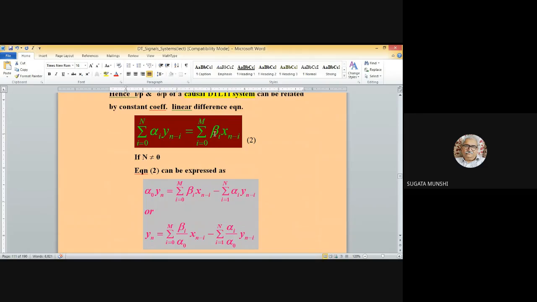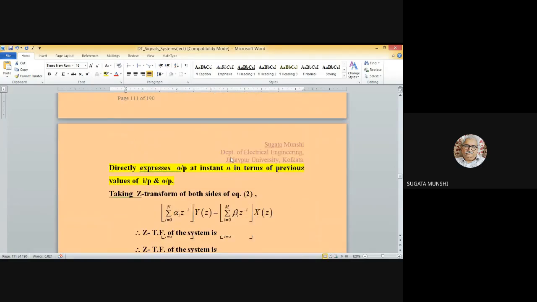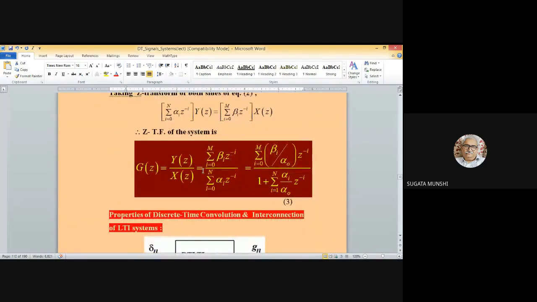Here you will have beta I times z to the power minus I times X(z). So the ratio Y(z) by X(z), which we call the z transfer function, will be obtained in this way. So that is the generalized expression, when n is not equal to 0, of the transfer function of the DT-LTI system. Later on we'll consider special cases.